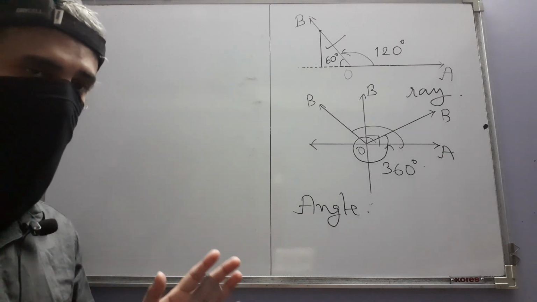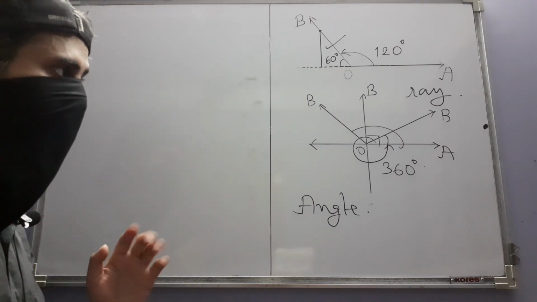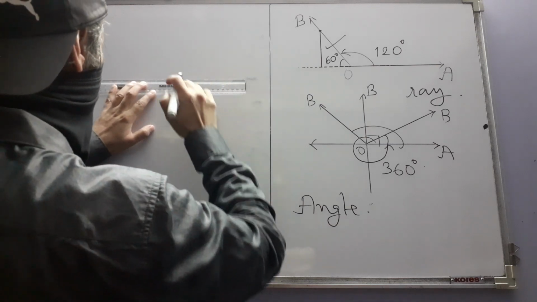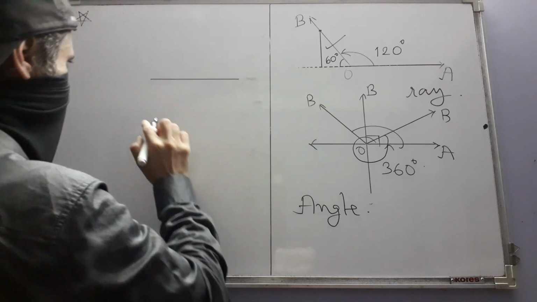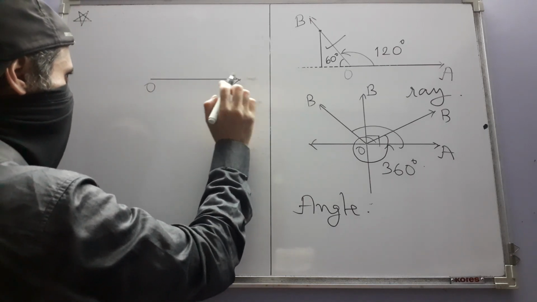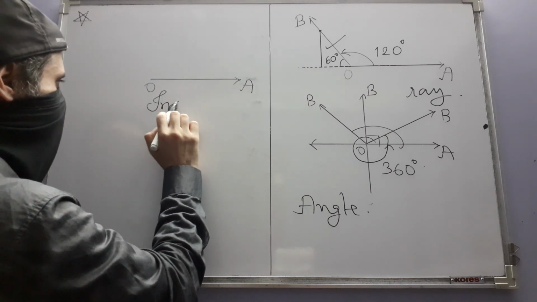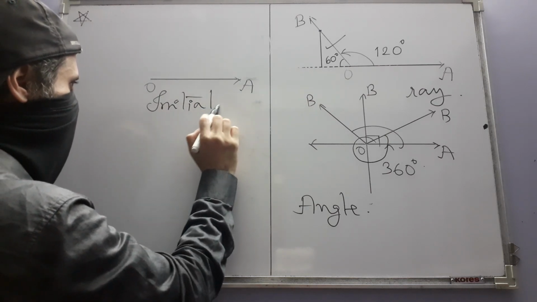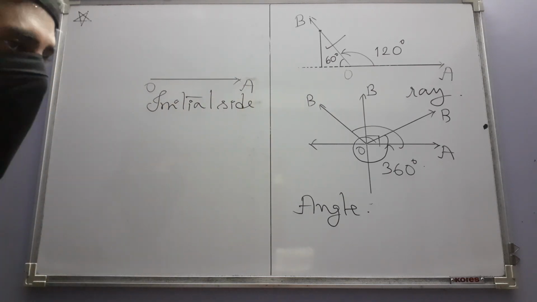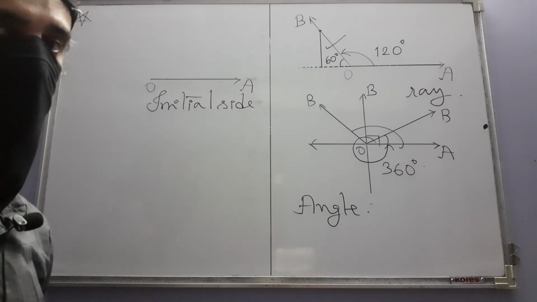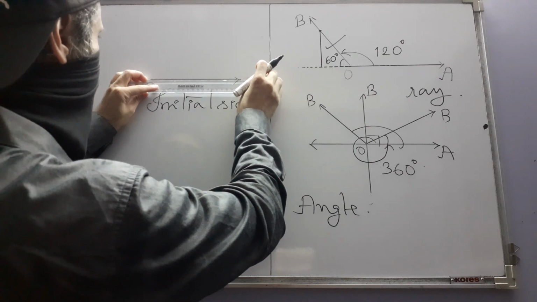I mean, now also we have angle which consists of two rays, but one of the sides which we are pretty consistently drawing horizontally is thought to be fixed, which we will call the initial side, and the other side should be interpreted as going through a rotation, and that rotation starts from this position.